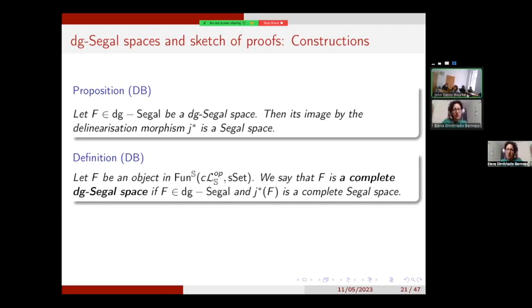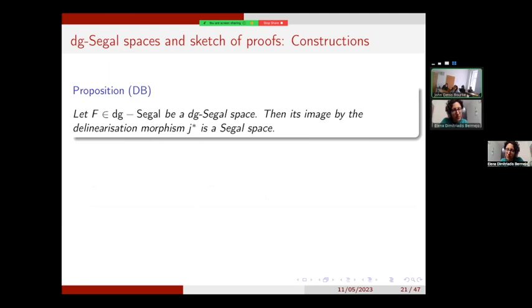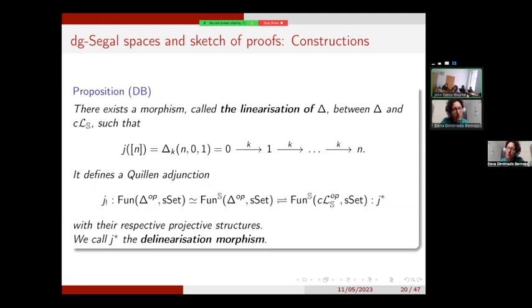Yes, you want to apply the left adjoint J lower star to the morphism in the category of Segal spaces, is it? Usually for a complete Segal space, you have the map from one to the nerve of the free isomorphism, and if you view that as living in the category of simplicial spaces, then you can apply this left adjoint J lower star or J shriek to that and define things by adjointness.